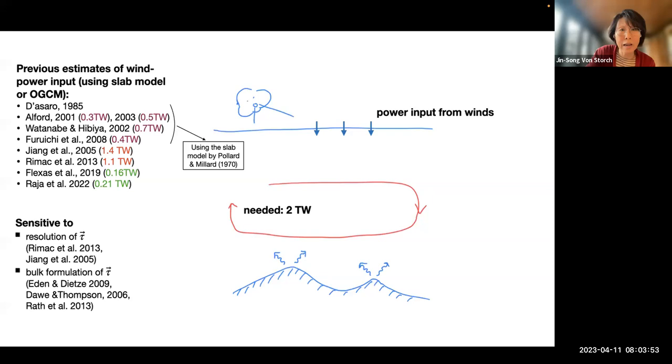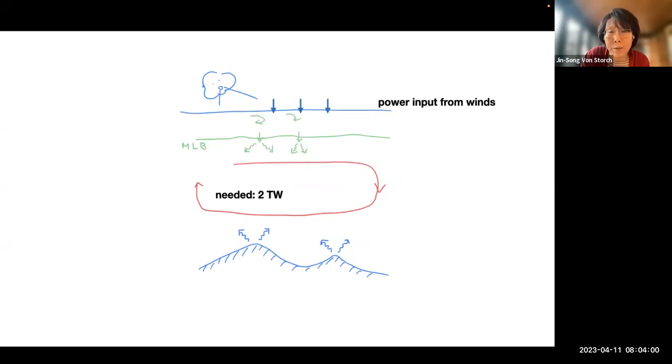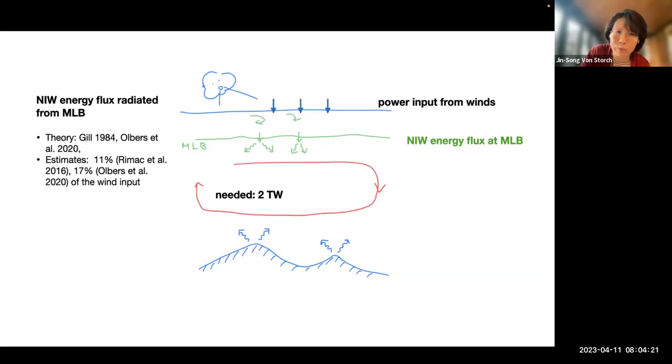The wind on the top actually is not really what we are interested in. We're interested in what can be considered a wave source that goes into the ocean interior and becomes available for the interior mixing. So our concern is more the near inertial wave energy flux at the mixed layer bottom. This is a topic that has been considered for quite some time.